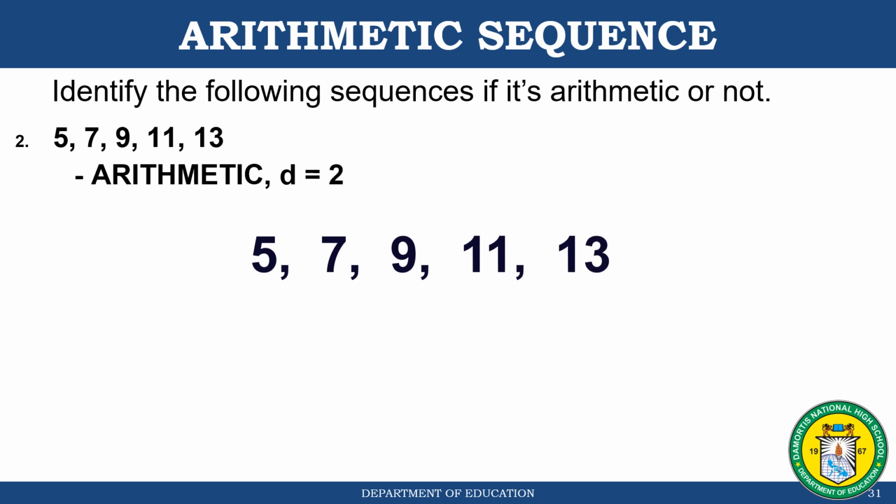Getting the common difference, between 7 and 5, we have 2. And 9 and 7, the answer is 2. And 11 minus 9, the answer is 2. And 13 minus 11 will give you 2. Therefore, we have a common difference which is 2 that makes the sequence in number 2 arithmetic.